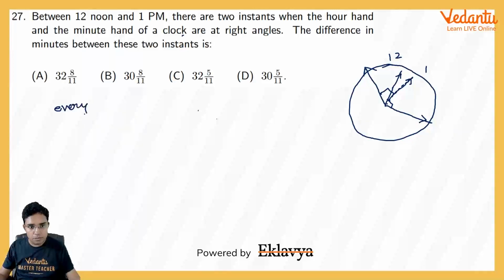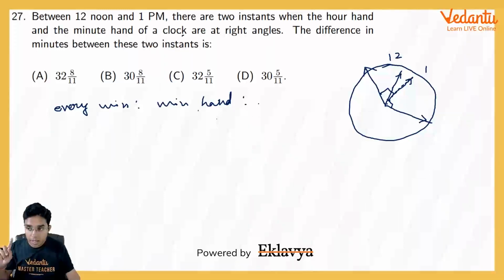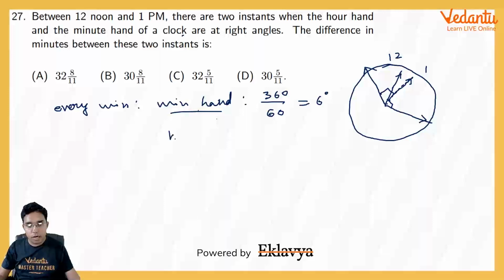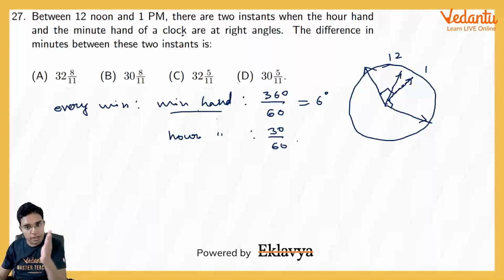Please listen carefully. In every 1 minute, the minute hand rotates by the 60th part of 360, that is 360 upon 60, which is 6 degrees. Whereas the hour hand, in 1 hour, rotates by 30 degrees.